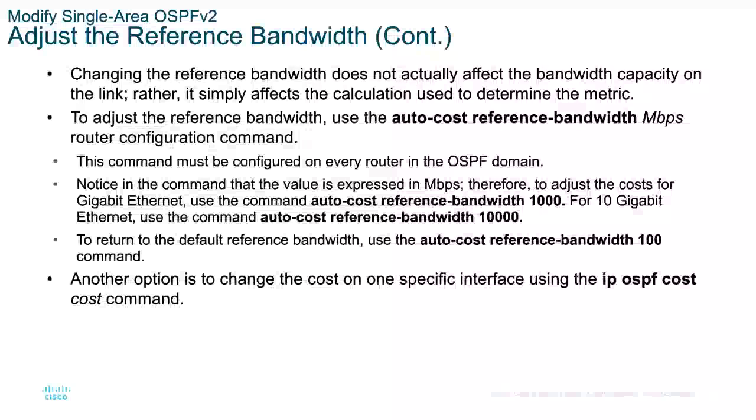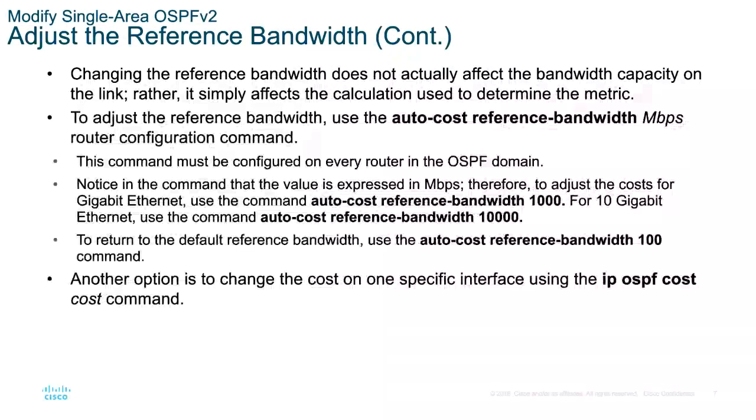So you want to be able to go in there and put this in as part of your routine when you're setting up OSPF. Look at your topology, look at what your links are.